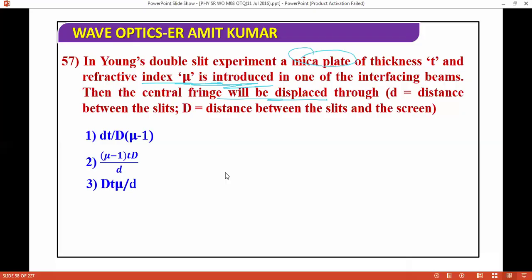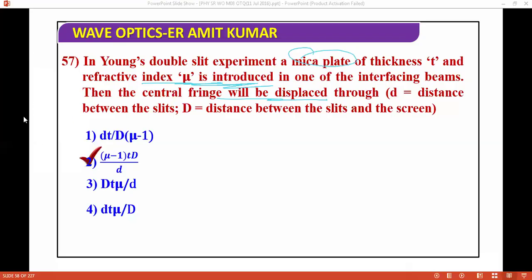The correct answer will be (mu minus 1) t D by d. So the central fringe will be displaced through (mu minus 1) t D by d.